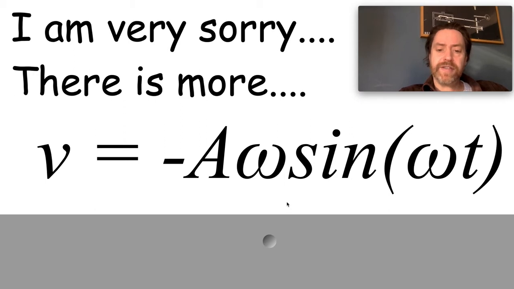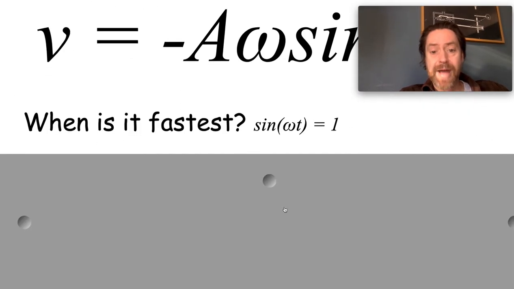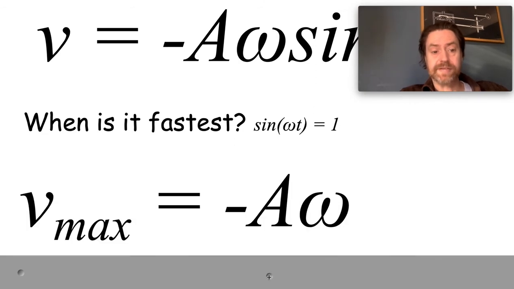So there is another little equation that you can have, which is the maximum velocity. Vmax is minus a omega. Basically, sine omega t equals 1. So it's worth taking that down as well.